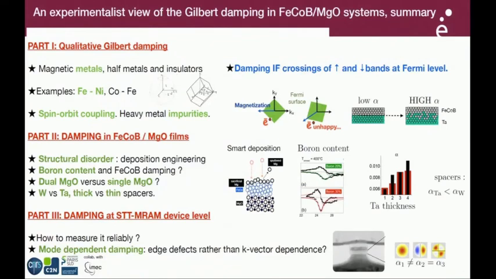And this brings me to my summary. In the first part of my talk, I explained qualitatively what the Gilbert damping is, and what I want you to remember is that in ferromagnetic metals, most of the damping comes from the collisions between the spin waves and the conduction electrons at the Fermi level.